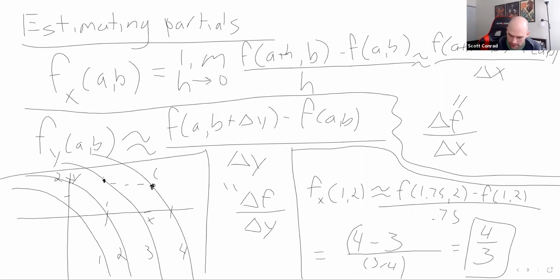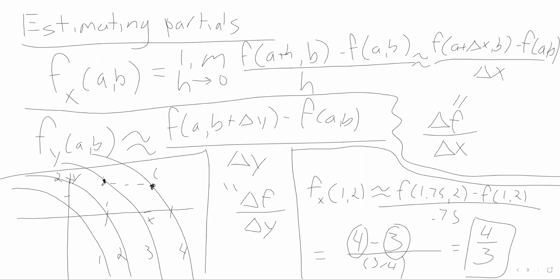Then minus f(1, 2), where we started, which lies on the level curve f(x, y) equals 3. The only information we have about the function is these few level curves, so we only know the value of the function on them, and we have to use those to estimate the rate of change.